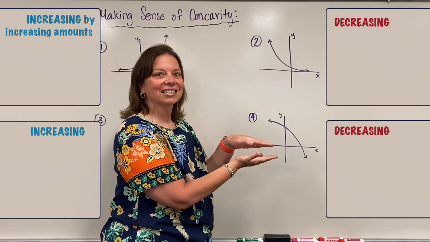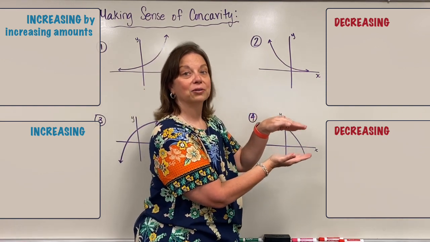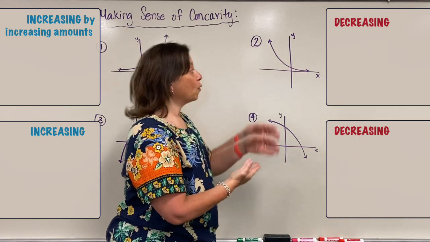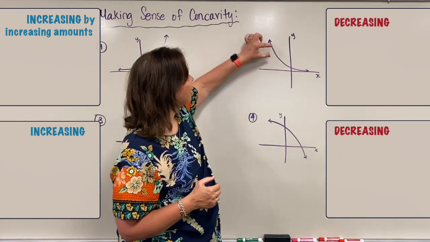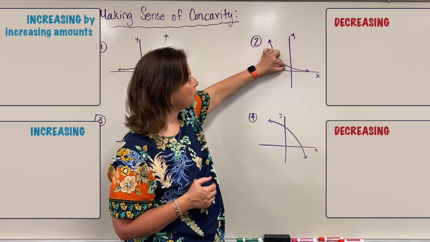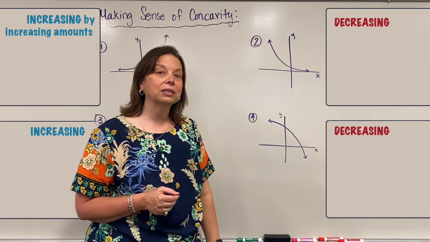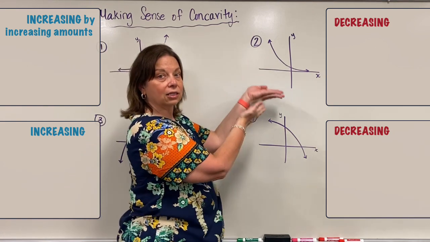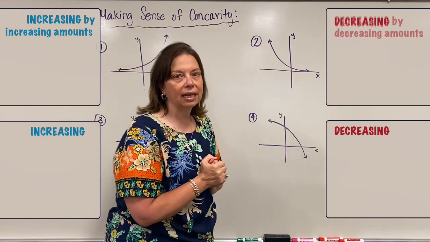As my X values increase, I lose less and less of the Y. So while the Y values are decreasing, those amounts of change are getting smaller and smaller, so those amounts of change are also decreasing. We say this function is decreasing by decreasing amounts.